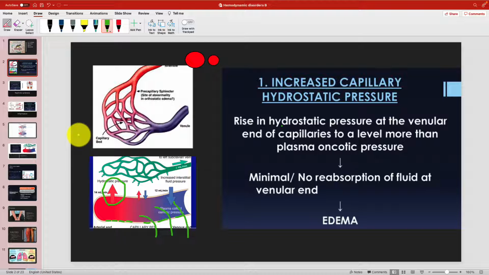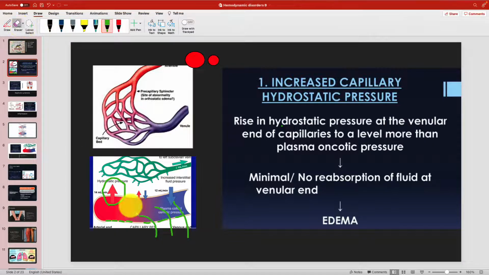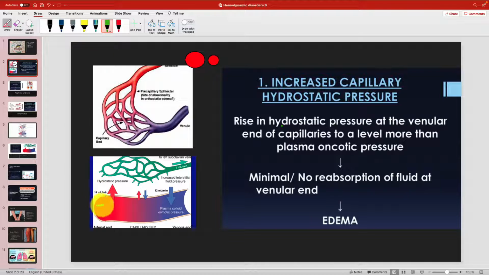If you go back to our first week, I showed you that oncotic pressure kind of stays the same throughout, right? It doesn't really change. And hydrostatic pressure, as we get closer to the venule side of things, begins to decrease, right? And as it decreases, it goes below what the stabilized oncotic pressure is.